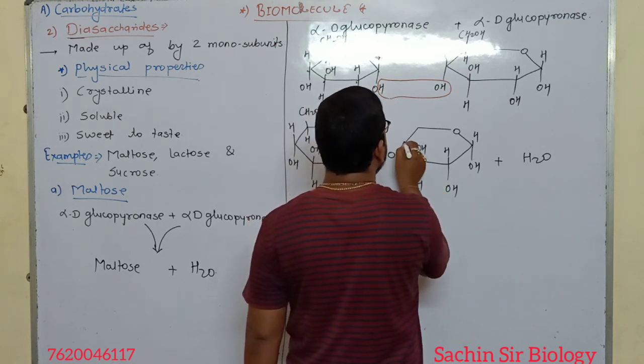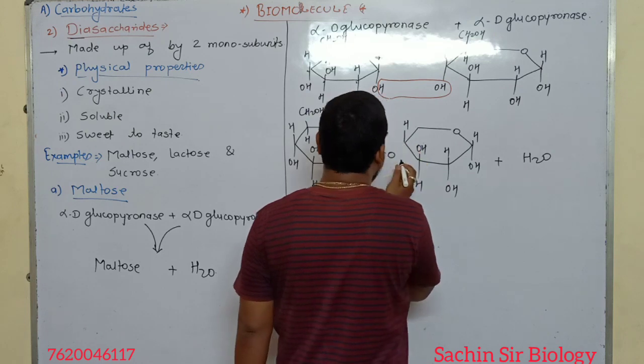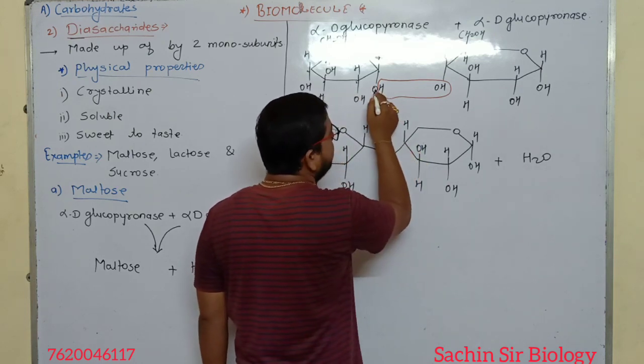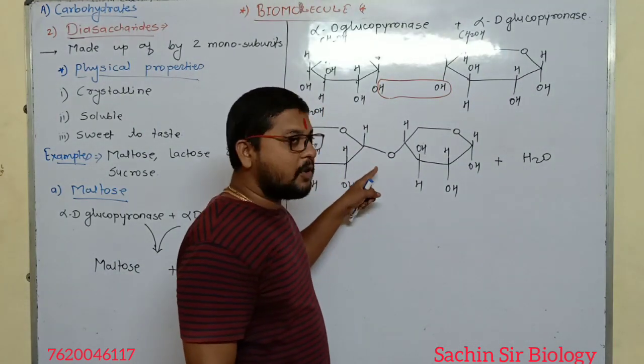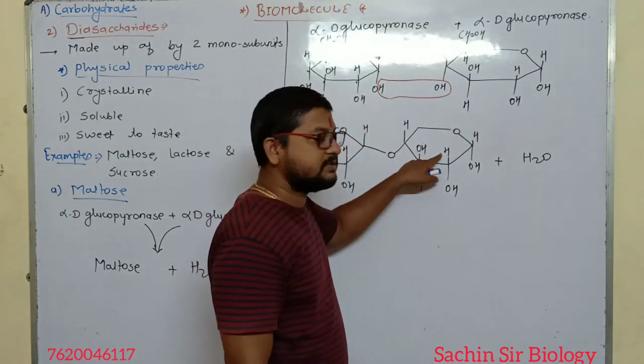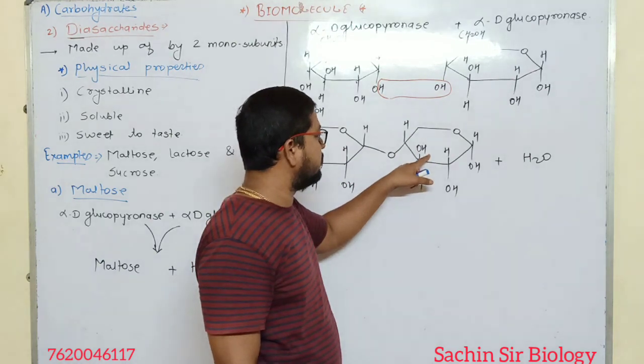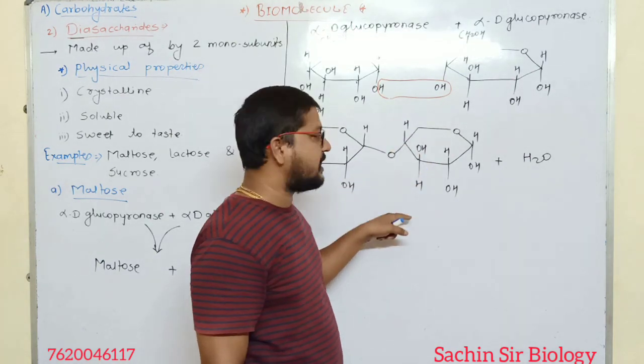Okay, this is H. So in this way, the remaining oxygen forms a bond with another monosaccharide, alpha D glucose. In which carbon?